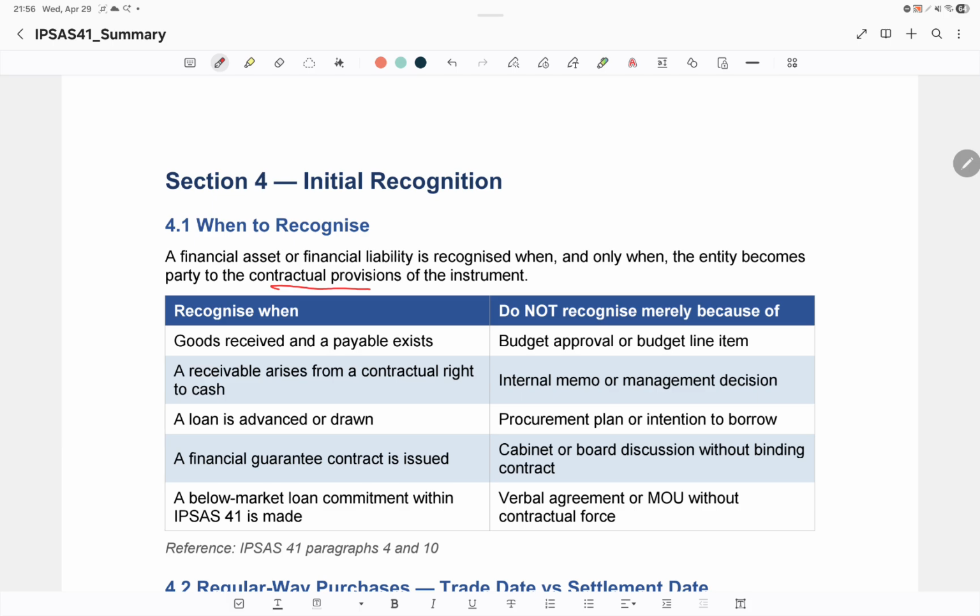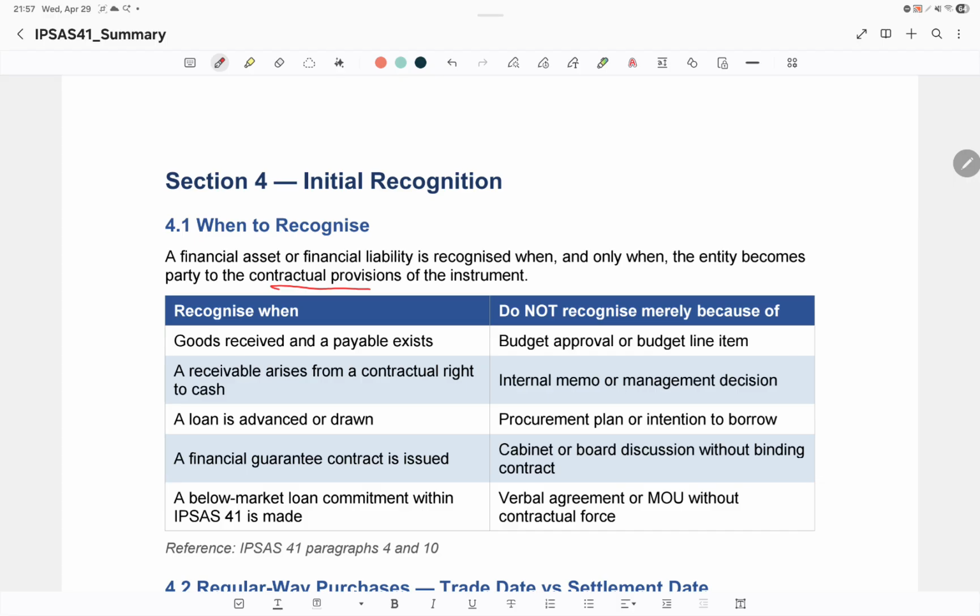But do not recognize once the budget has been approved or there is a budget line. You recognize when goods are received and a payable exists. A receivable arises from a contractual right to cash. An internal memo or management decision won't be recognized.